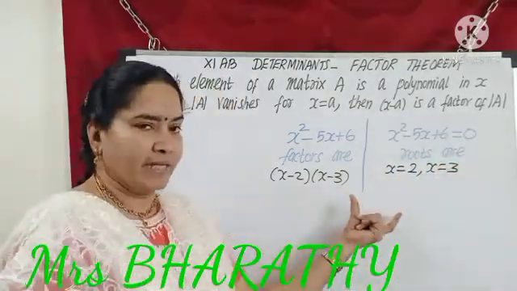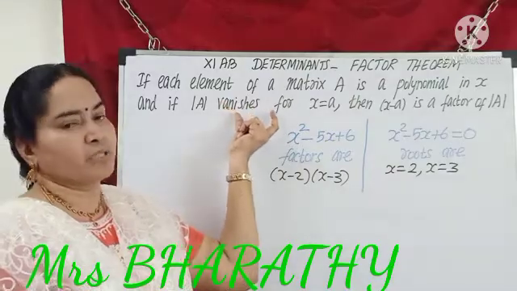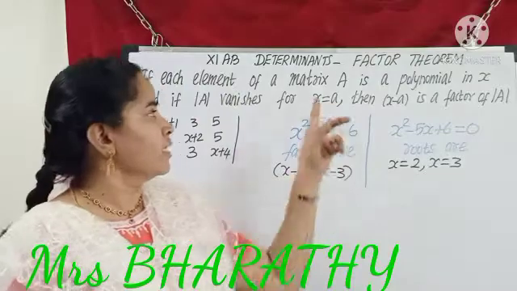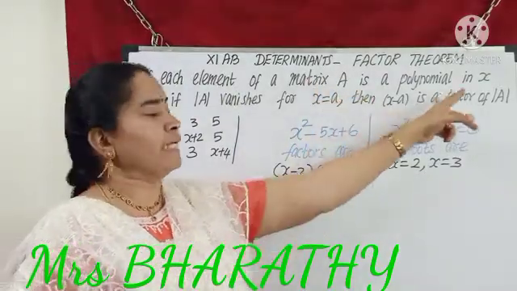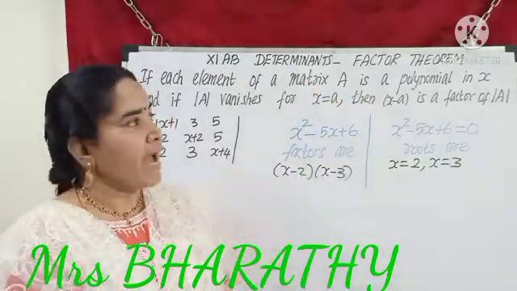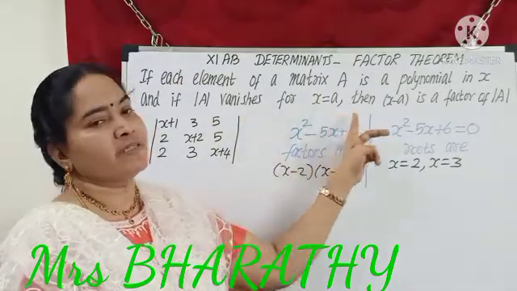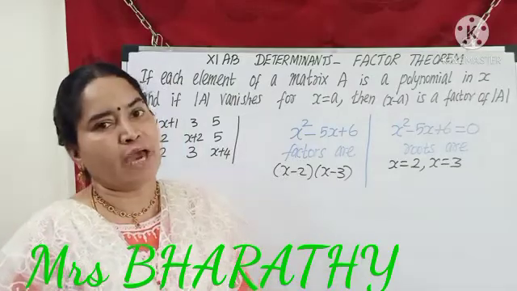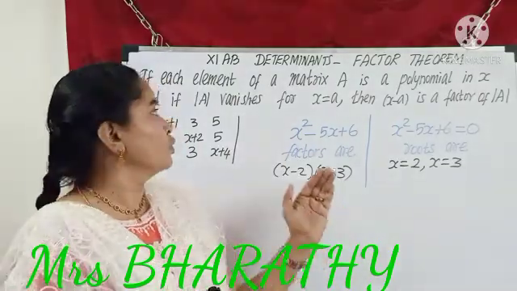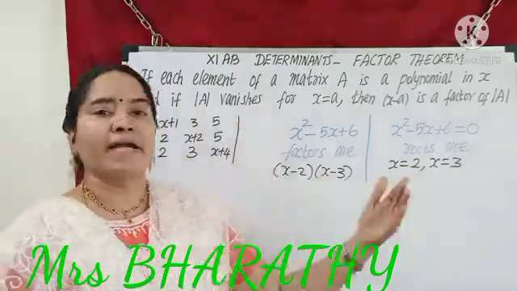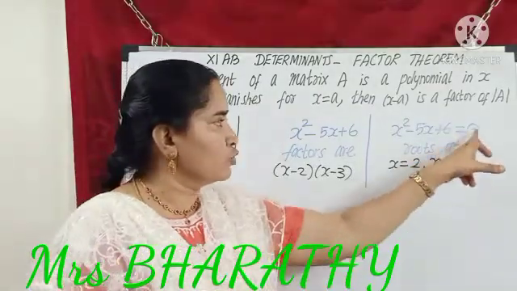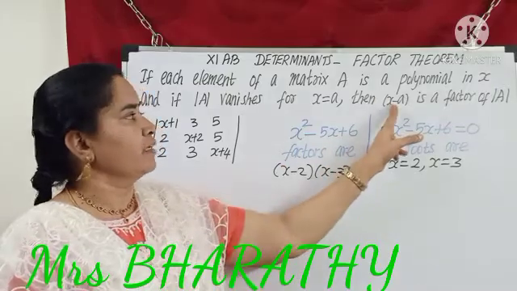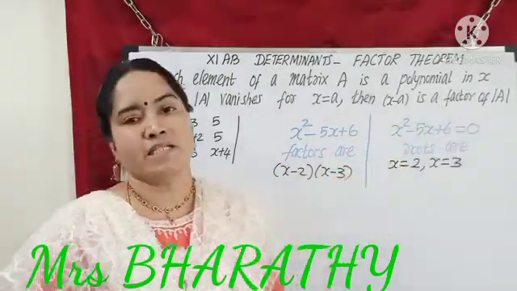The same idea, let us expand to the determinant in a matrix A. Every term is a polynomial in x. And if I put x is equal to a in that particular determinant, when I evaluate, suppose the determinant vanishes, equal to 0, I will call x minus a a factor of the determinant.